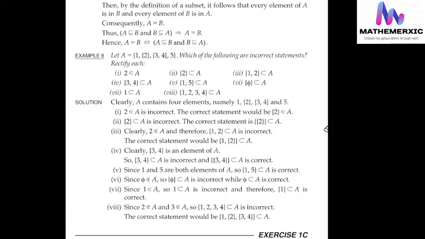Is a proper subset of, so they are saying that 2 in brackets is a proper subset of A. Initially, it looks to be correct. It's a proper subset. So a set can be a proper subset whenever that concept is used here.